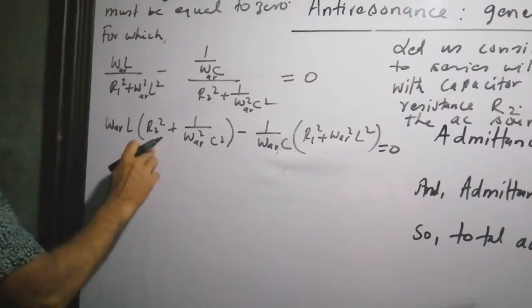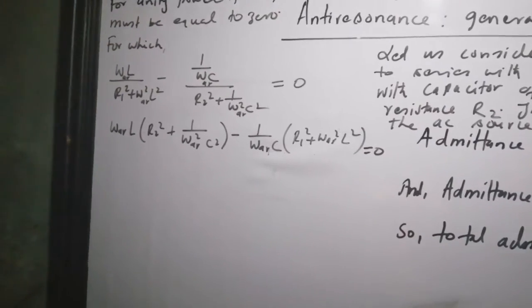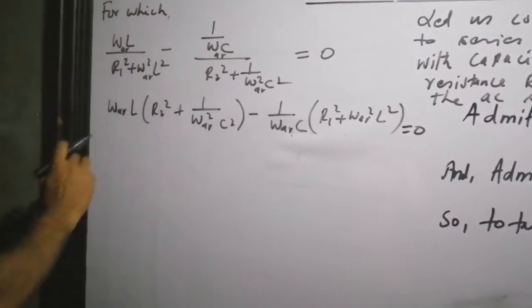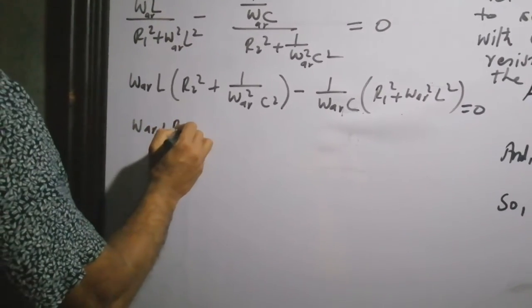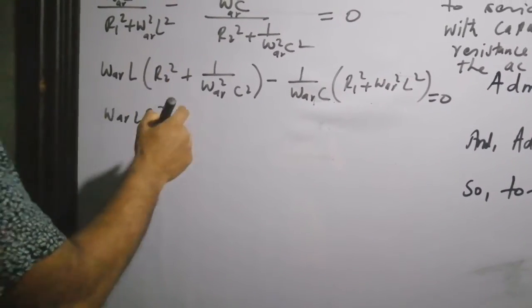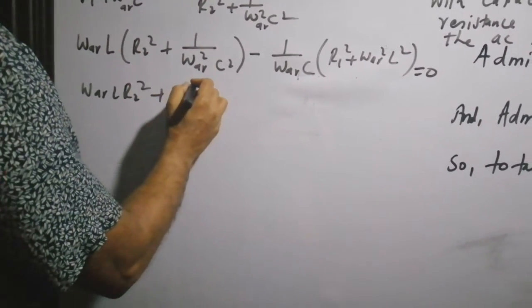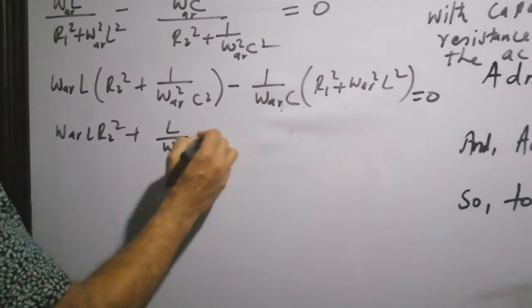Okay, because we take the LCM, that goes to the other side and becomes 0, no problem. Now here we have to multiply with this. So what do we get? Omega A R L R2 square plus omega A R L, and so 1 omega A R cancels. So we get L upon omega A R C square.